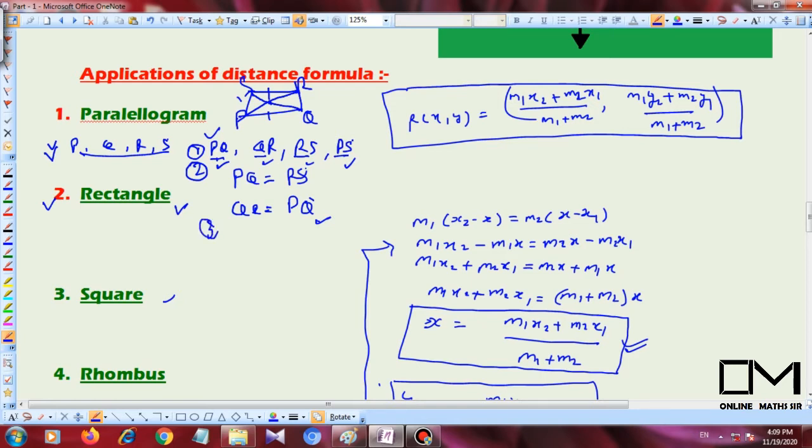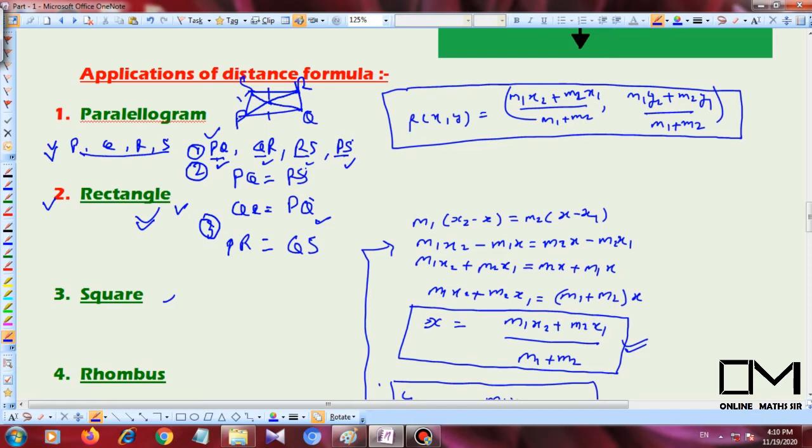One more step is to check the diagonals, which are PR and QS. If the diagonals are also equal, then this parallelogram is a rectangle. Clear? So for a rectangle, opposite sides should be equal and the diagonals should also be equal.